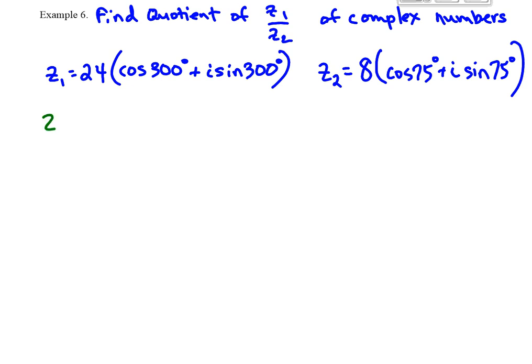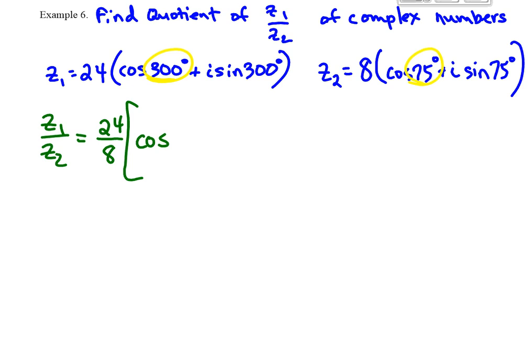To find Z1 divided by Z2, we're going to take the quotient of these two numbers. So 24 divided by 8, then bracket cosine, and this time we're going to take these two angles and subtract those.